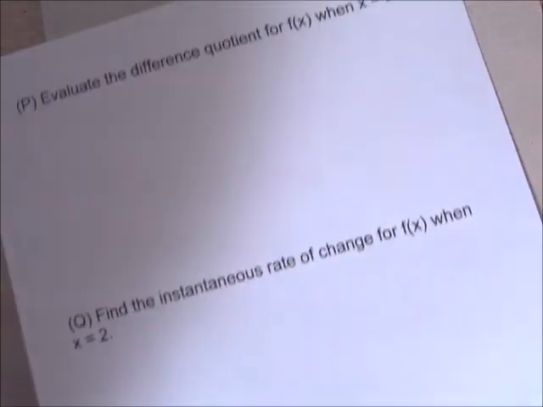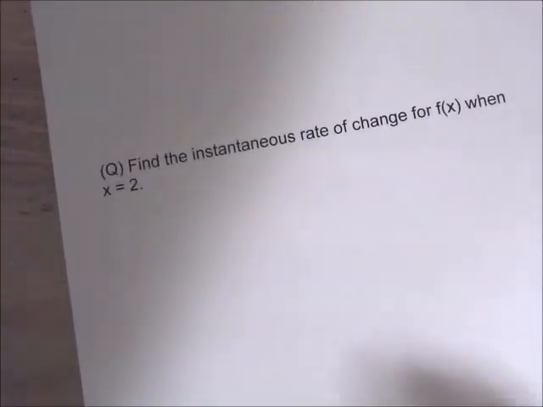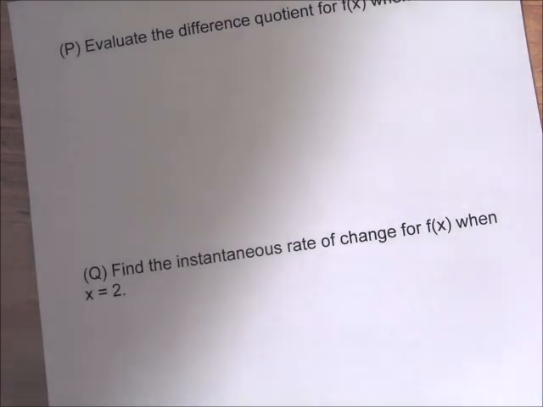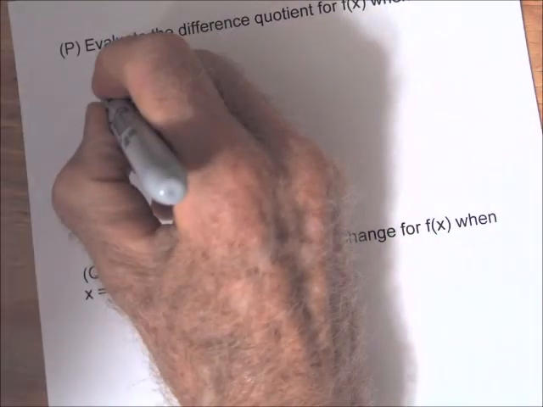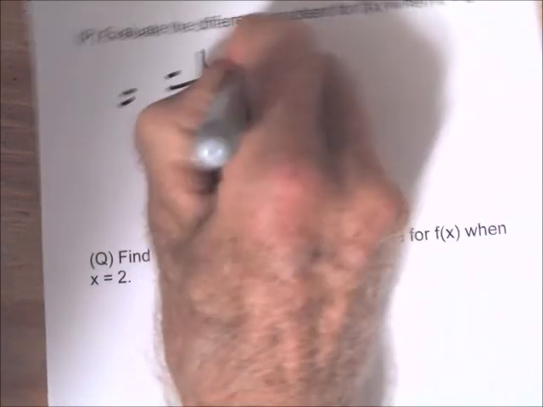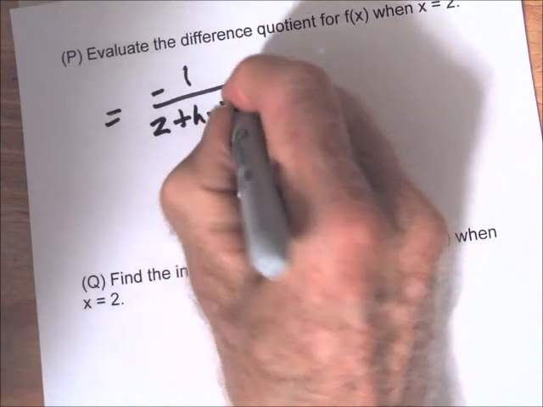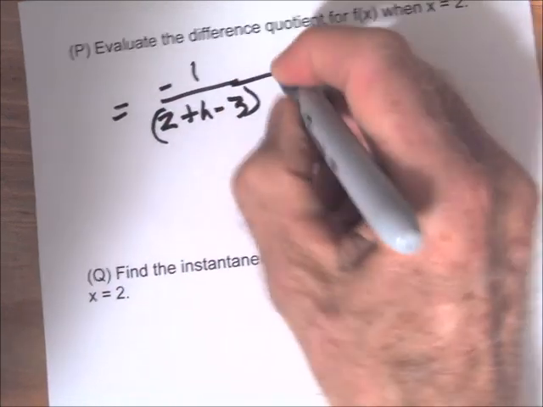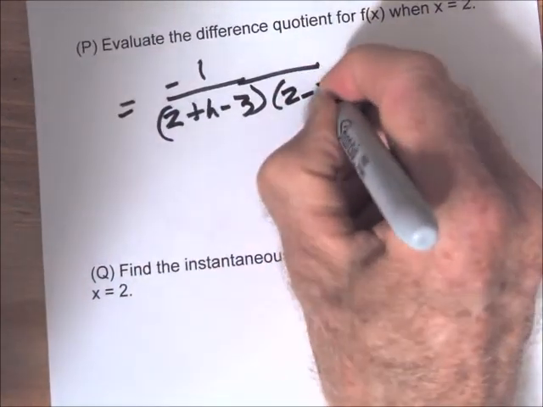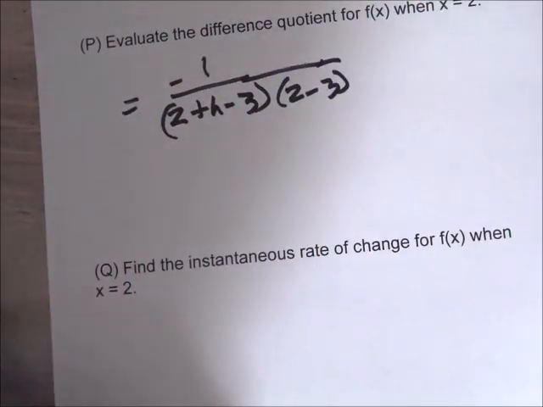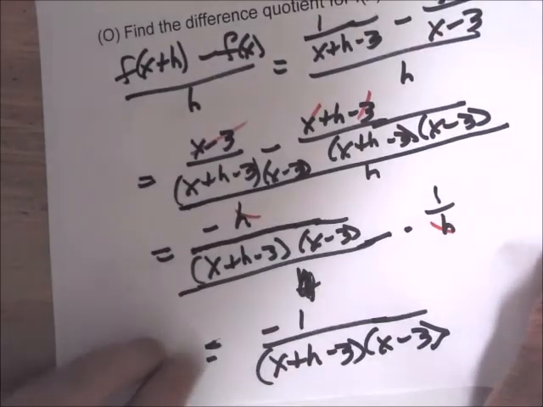The difference quotient when x is equal to 2: if we replace x by 2 here, that's going to be minus 1 over 2 plus h minus 3 times 2 minus 3. Just replacing x by 2. It's the difference quotient when x is 2.